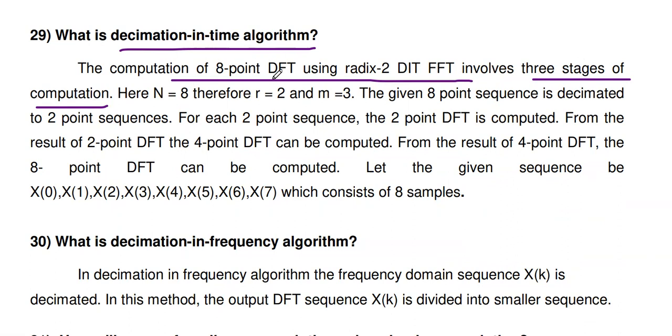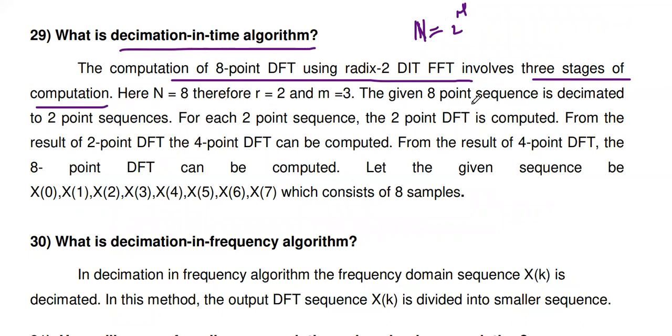So 8-point DFT needs 3 stages, 16-point needs 4 stages, 4-point needs 2 stages. That is, capital N is expressed as 2 to the power M, where M is the number of stages required to perform N-point DFT.